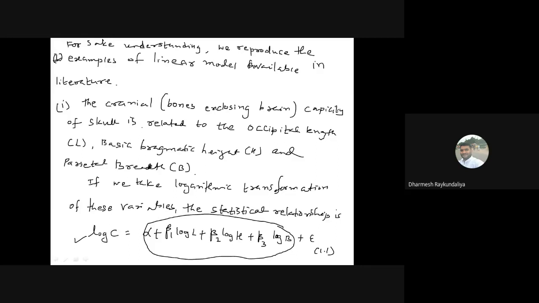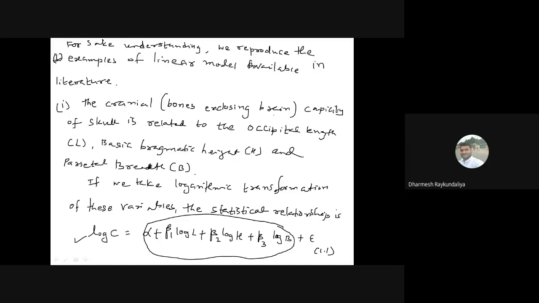parietal breadth. Now, if we take the logarithm of all these variables, we have this model, given in 1.3: log C equal to alpha plus beta 1 log L plus beta 2 log H plus beta 3 log B plus epsilon. So, epsilon is nothing but the deviation between the log C and its mean.